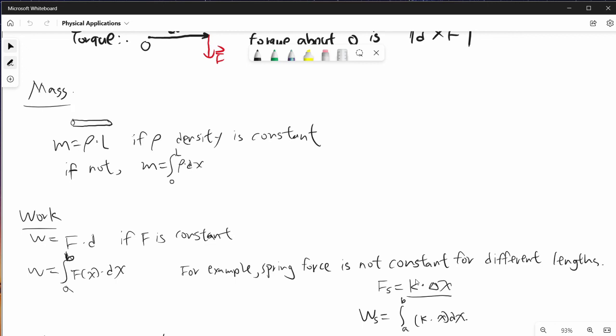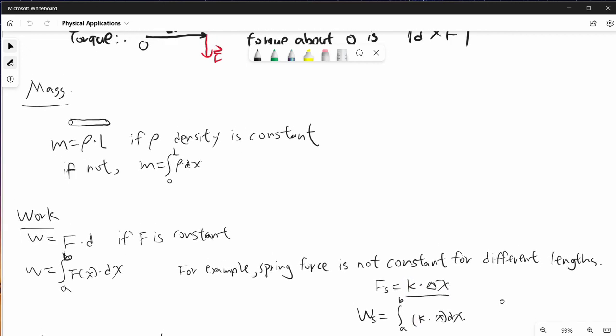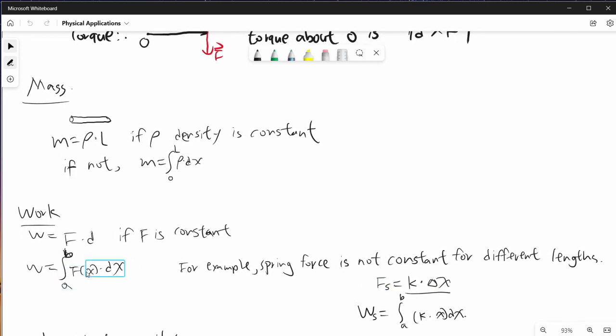It's x minus x0. So if we put that into this function, then we will have kx dx, right? And then we no longer need a change in x because we are integrating over two numbers, so that would just be our change in distance.